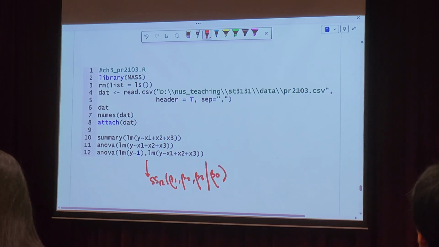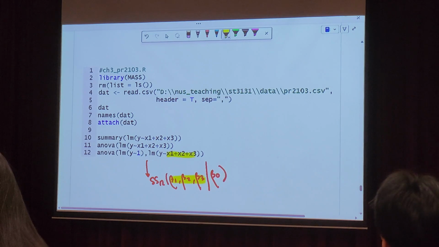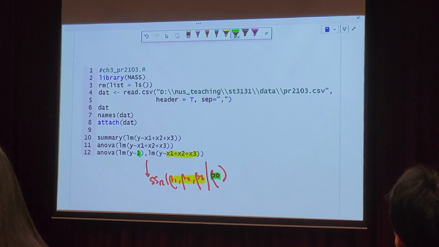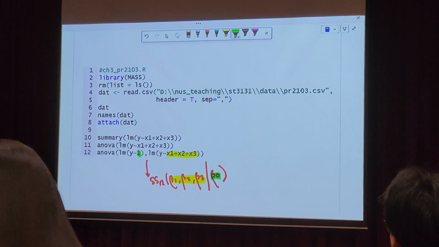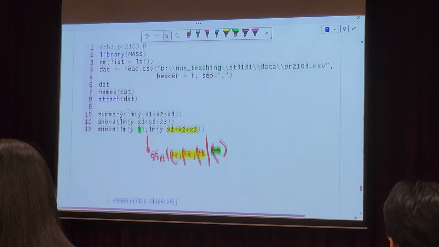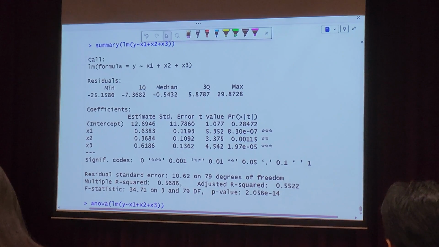So the first part, this is the part here, and this part is here. So that's how things work. So for this particular case, I'm going to test whether the three variables cause any change, or does the response depend on the three? So let's take a look.